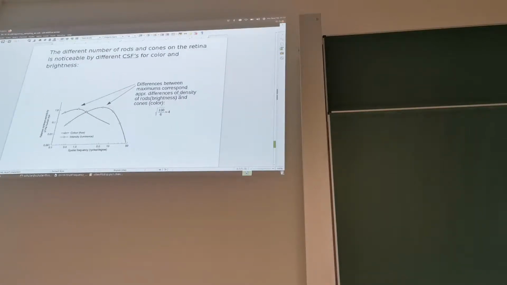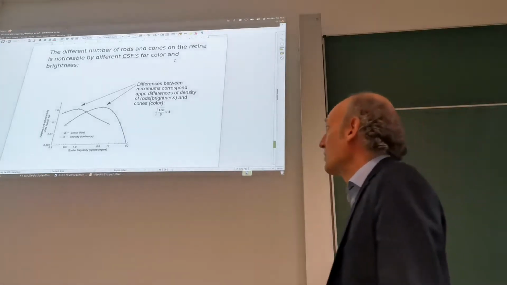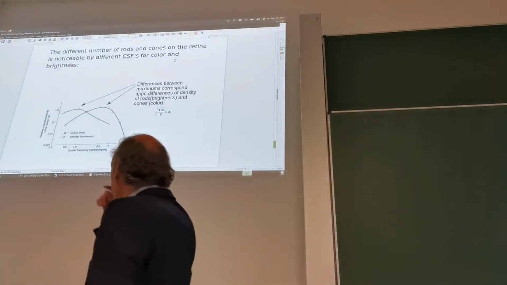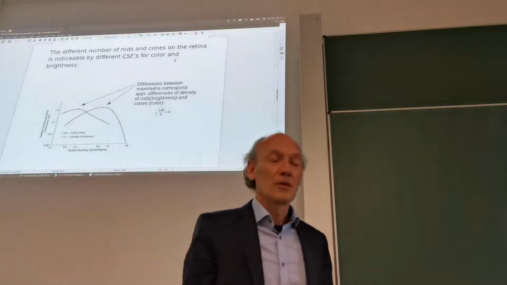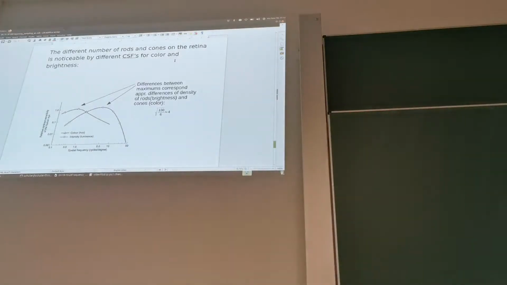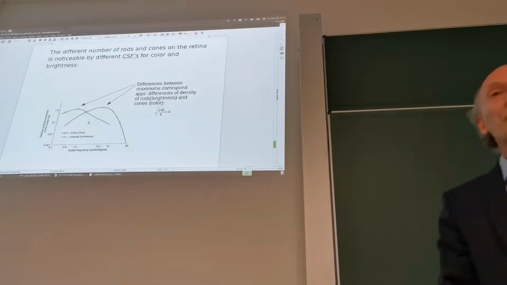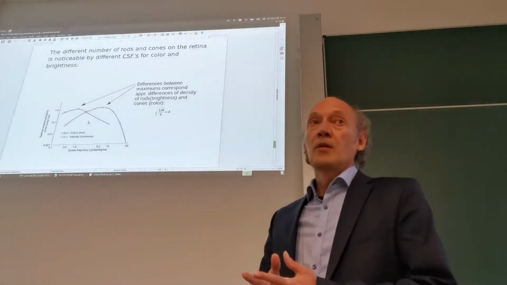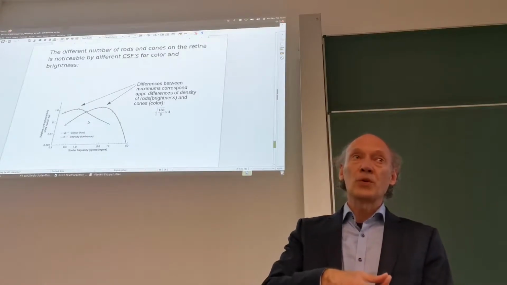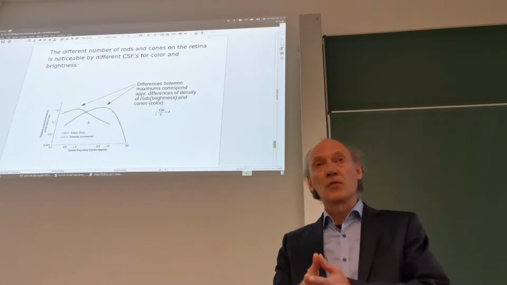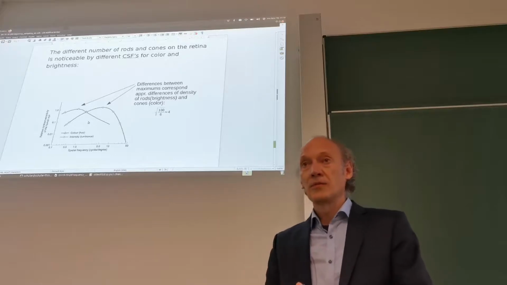Yeah, and here you can also see 2 different contrast sensitivity functions for the human eye. One for color and one for intensity. It makes sense that you have a difference there because remember, the light sensitive sensors for color are much fewer than the light sensitive sensors for intensity.